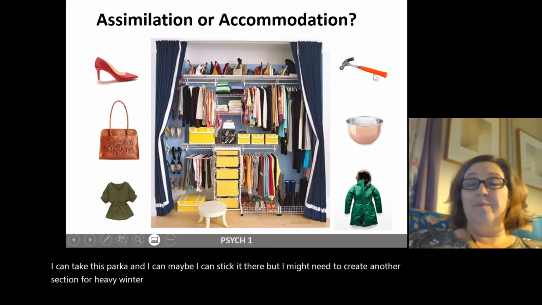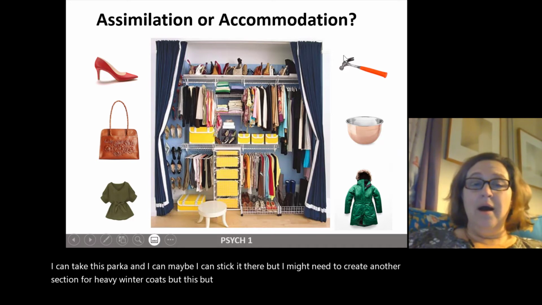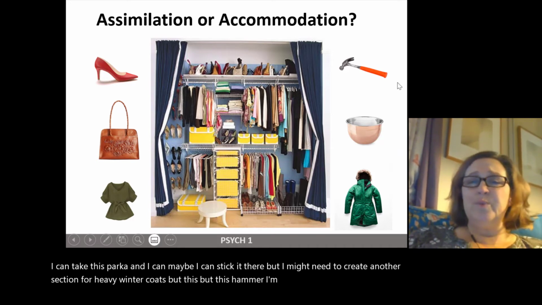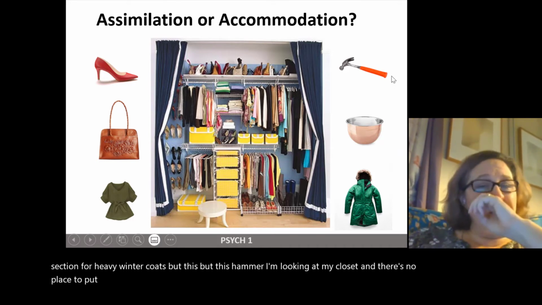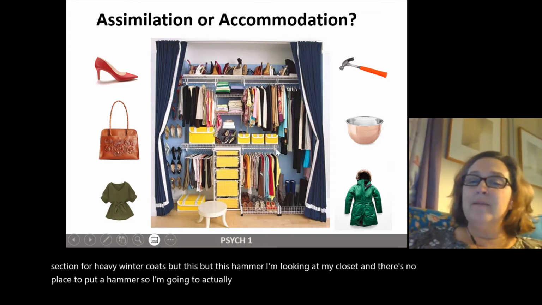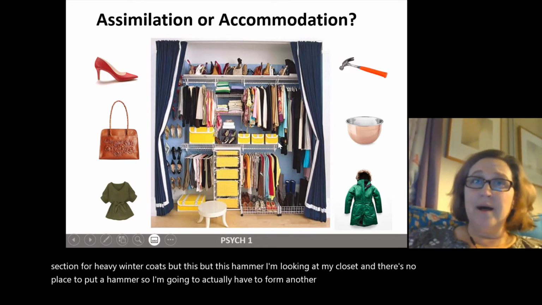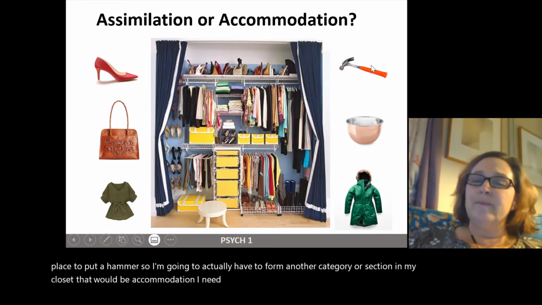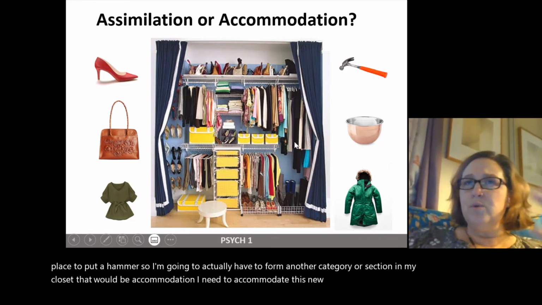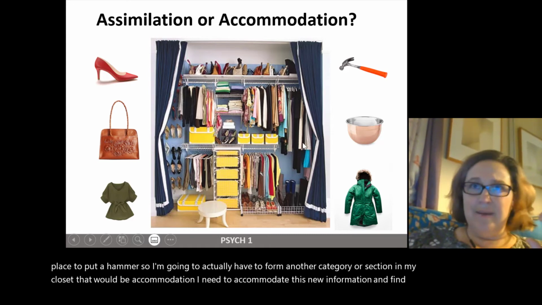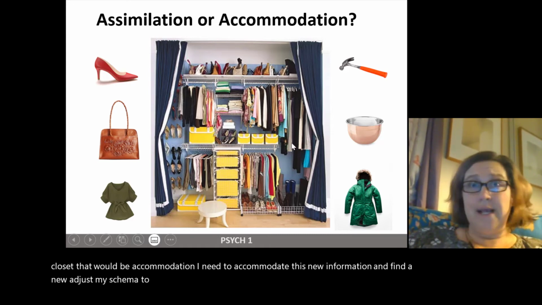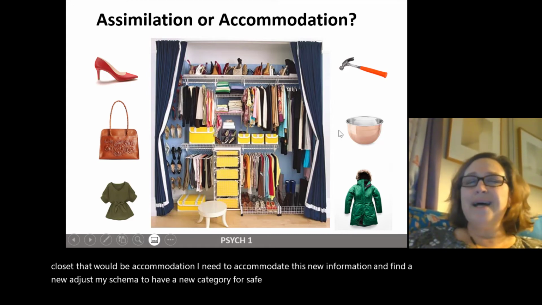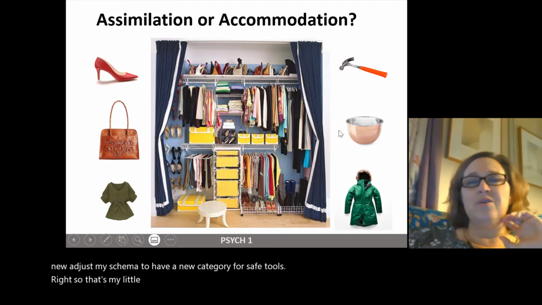But this hammer, I'm looking at my closet and there's no place to put a hammer. So I'm going to have to form another category or section in my closet. That would be accommodation. I need to accommodate this new information and adjust my schema to have a new category for, say, tools. So that's my little introduction to assimilation and accommodation.